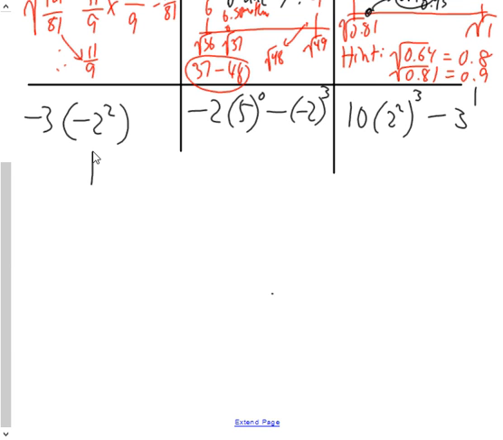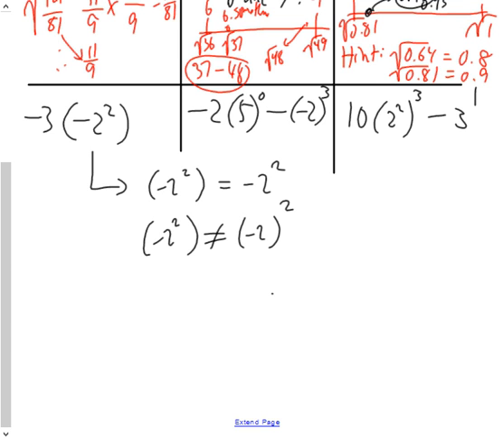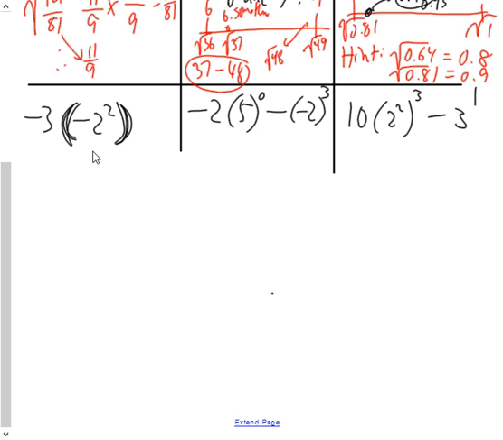So, first thing I need to remind you is that this is the same thing as this, and that this is not the same thing as this, right? The brackets are there. The only reason there's brackets here is because it wants to show multiplication, okay? So technically, I could have rewritten this question, and instead of using brackets, I could have said -3 multiplied by -2 squared. This is the same thing, right?